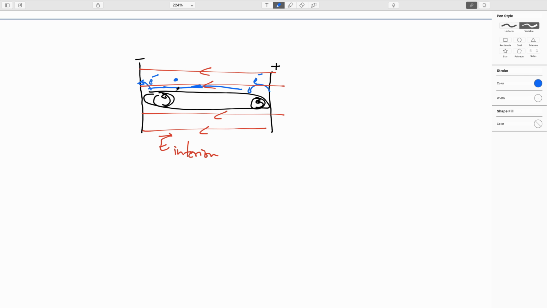Yeah, it'll feel a force to the right, because remember, F equals Q times E. So since E points to the left and the electron charge is negative, that means that the electric force the electron feels is to the right, which makes sense. This is electrically where the electrons want to be. This is their happy place. And this is where they electrically don't want to be.